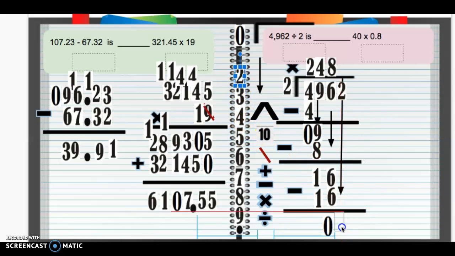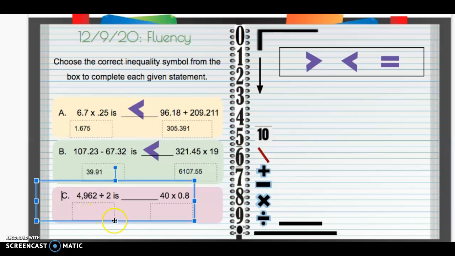And we ask ourselves, how many times does 2 go into 2? That's 1 time. Which then we put our 2 below. And when I subtract 2 minus 2, I get 0. So my answer is 2,481. So I'm going to put 2,481.